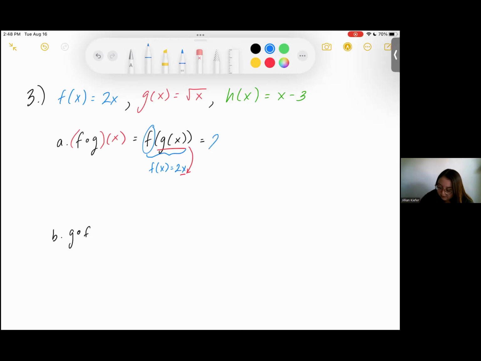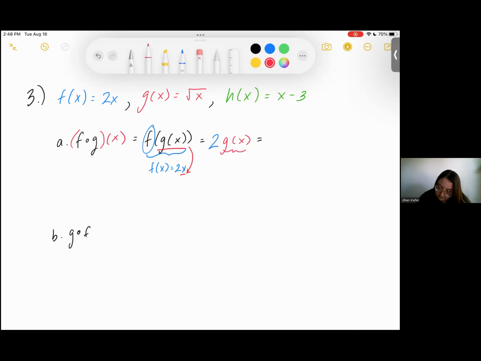So really this is going to look like 2 times g of x, since we're now evaluating our function at g of x, not just x. Now that we have this, we can simplify further because we know what g of x is.